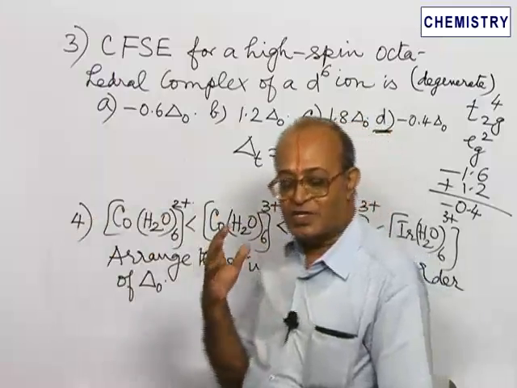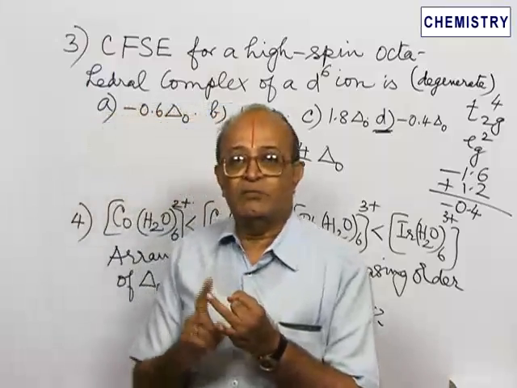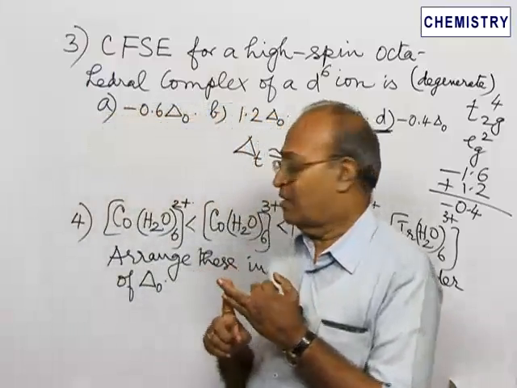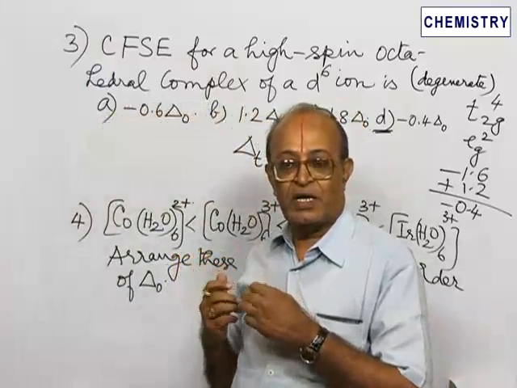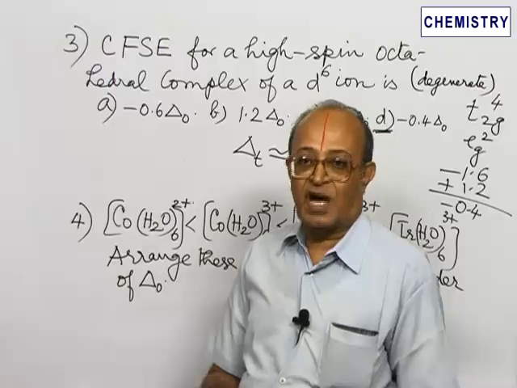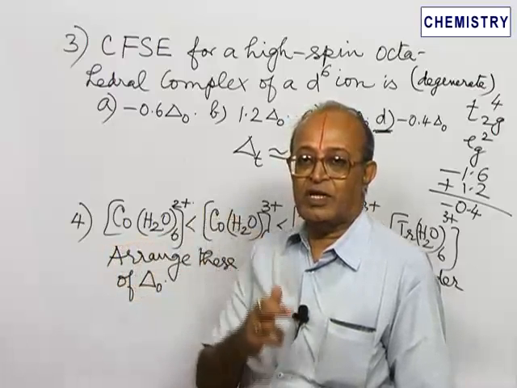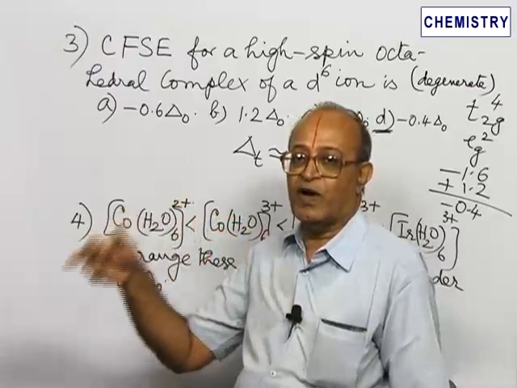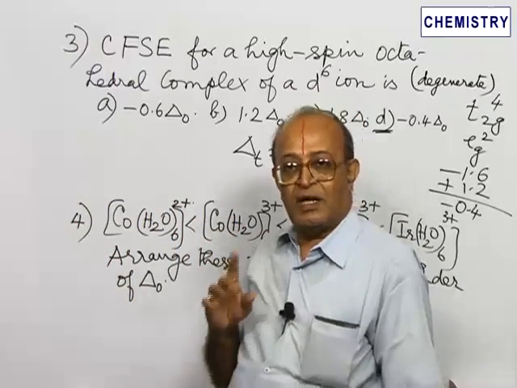So you have to consider mainly 3 points: nature of ligand, then the position of the central element in the complex, and third one, the nature of charge. As the charge increases, delta O increases. 3D to 4D, 4D to 5D, in this direction again delta O increases. I think you follow.